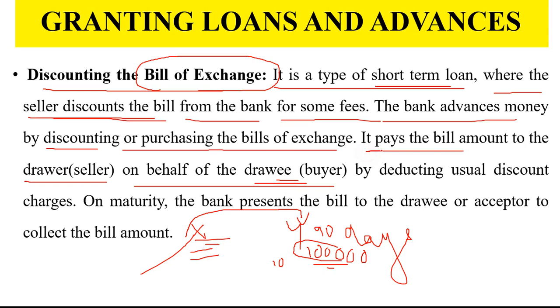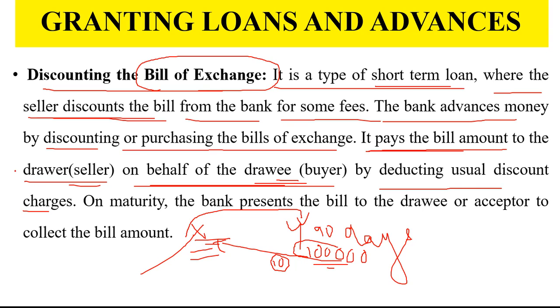It pays the bill amount to the seller on behalf of the drawee, by deducting the usual discount charge. That means the bank will charge some interest on 1 lakh rupees, reduce it from the 1 lakh rupees, and whatever amount is remaining they will give to the seller.